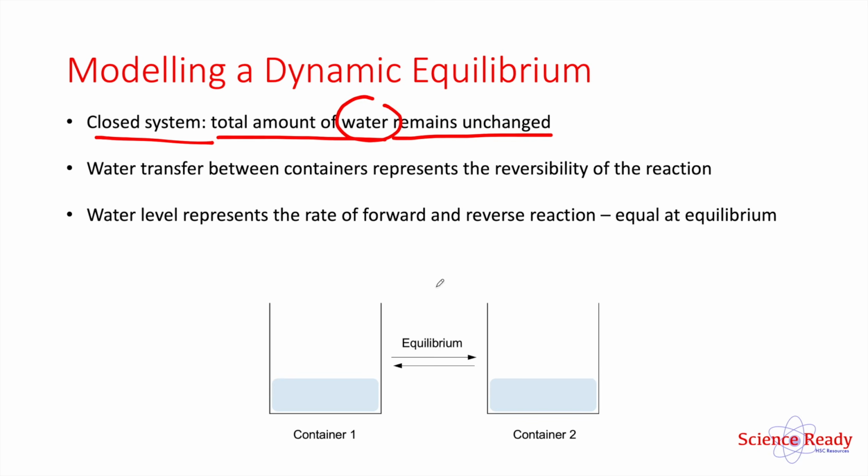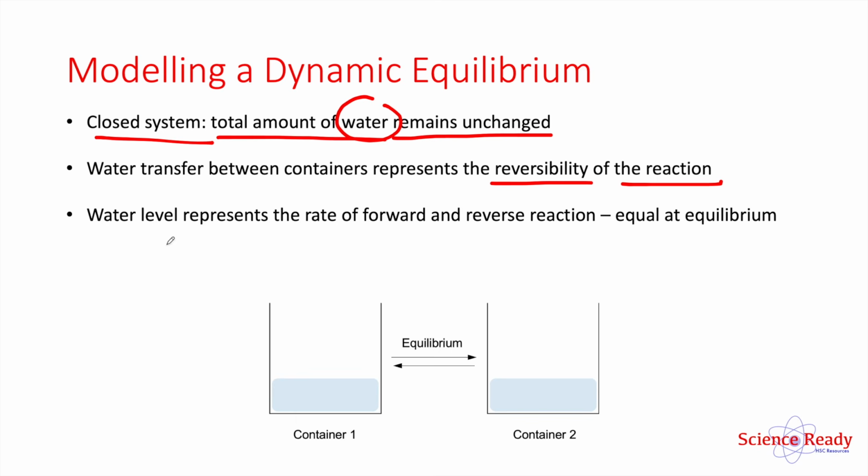Because yes, I am transferring between the 2 containers, the total amount of water, if you combine the 2 containers together, remains unchanged. The water transfer between the 2 containers also represents the reversibility of the reaction. And this is to emphasize that the dynamic equilibrium also requires a reaction that is reversible.